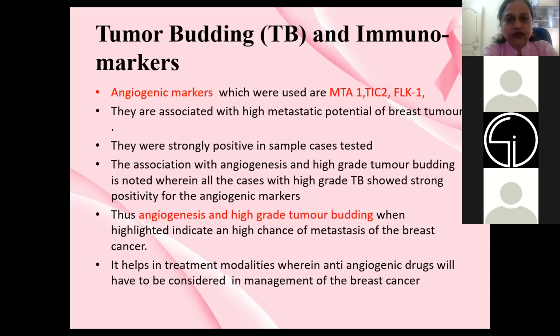Thus, the association with angiogenesis and high-grade tumor budding is noted wherever all the cases with high-grade tumor budding showed strong positivity for angiogenic markers. Thus, angiogenic markers and high-grade tumor budding, when highlighted, indicate a high chance of metastasis of the breast cancer. These help in treatment modalities wherein anti-angiogenic drugs will have to be considered in management of the breast cancer cases.